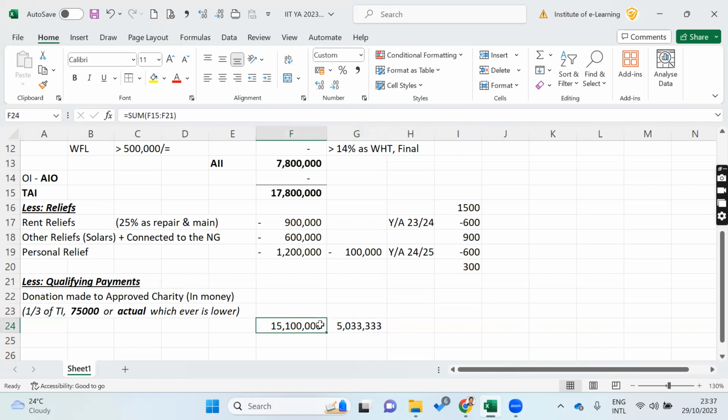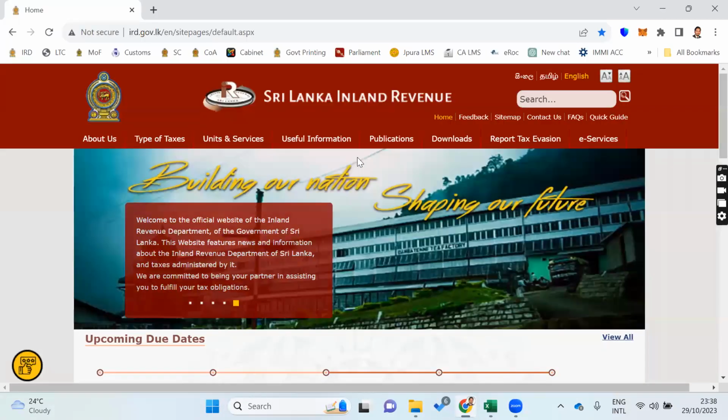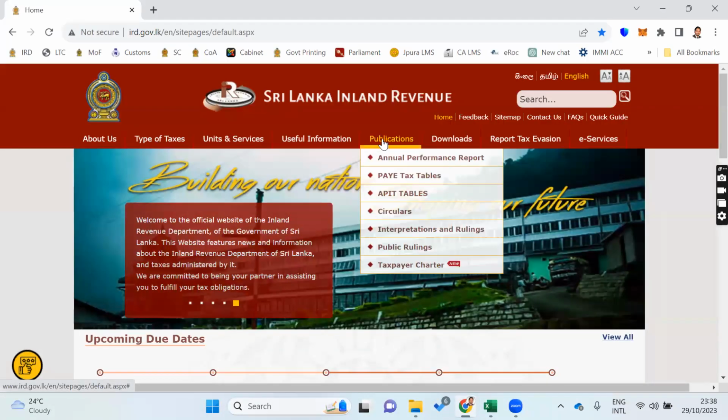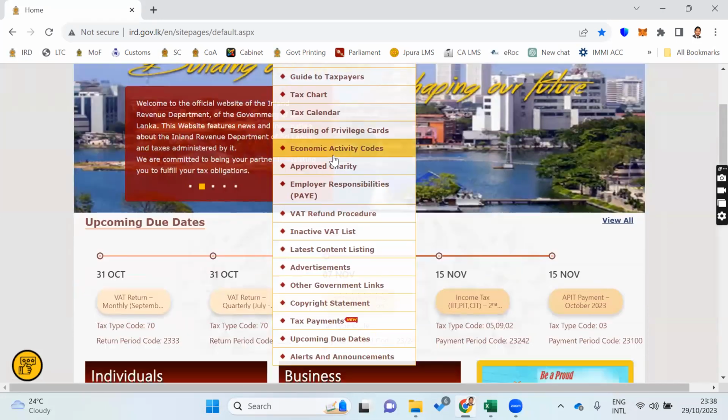Let's say the actual amount you donated to an approved charity. There is an approved charity list. In the exam sometimes you will get exactly that this person Pereira has donated to an approved charity, directly stated, then no problem. Otherwise in practice, in the real world, if someone donated to an approved charity, you have to check the approved charity list to make sure whether he has donated to an approved charity or not.